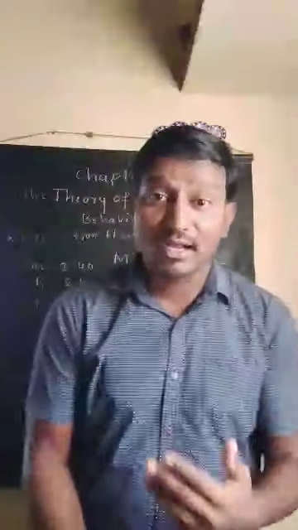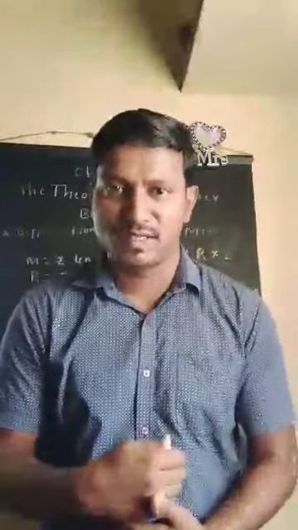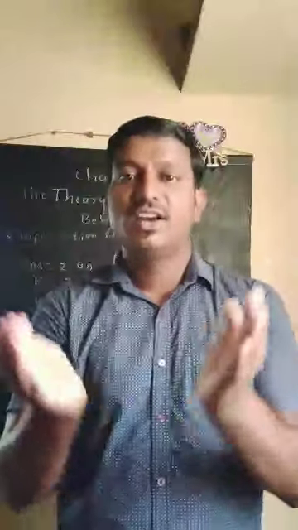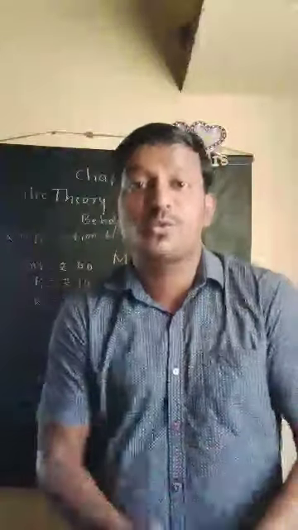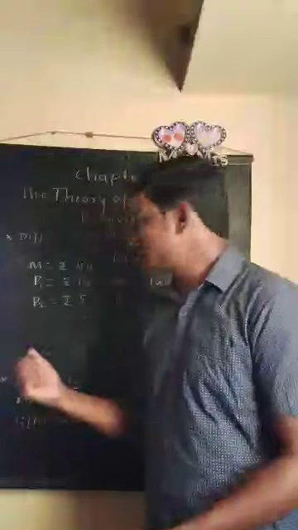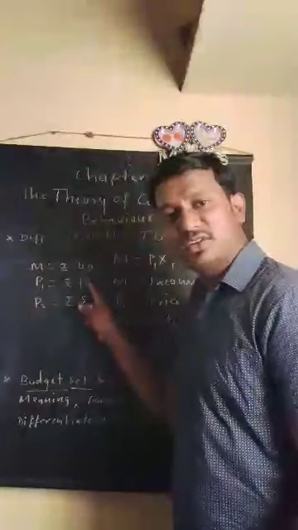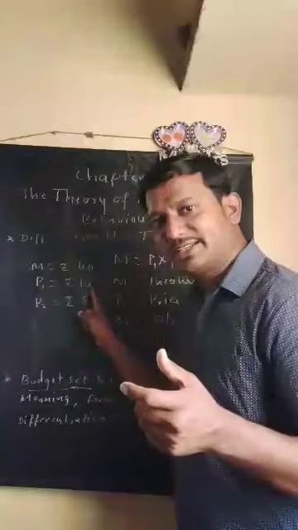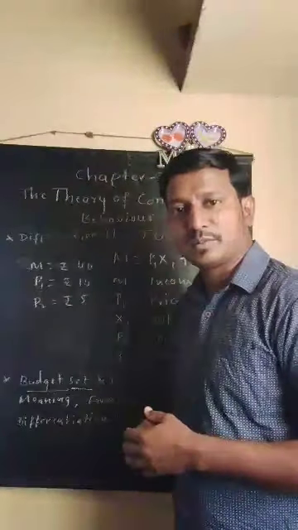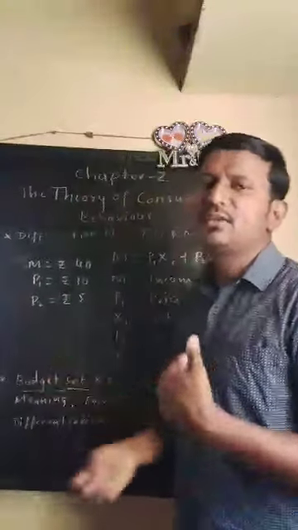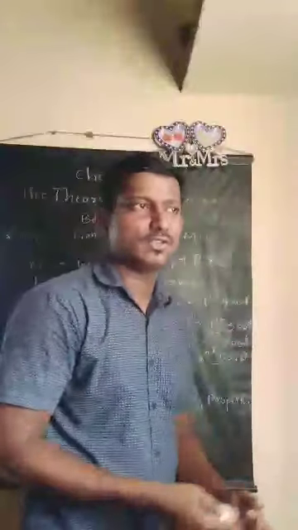Then what are the available bundles that we can purchase, or what are the different combinations or options we have in order to purchase these two goods? As we have 40 rupees as income, whereas the price of X1, the first commodity, is 10, and the price of the second commodity is 5, how do you prepare the combinations of different goods here?